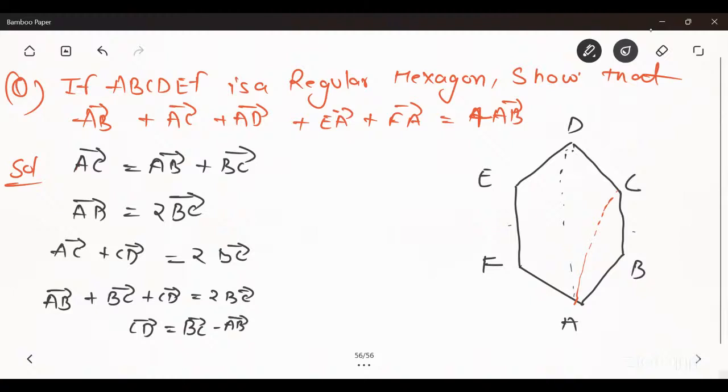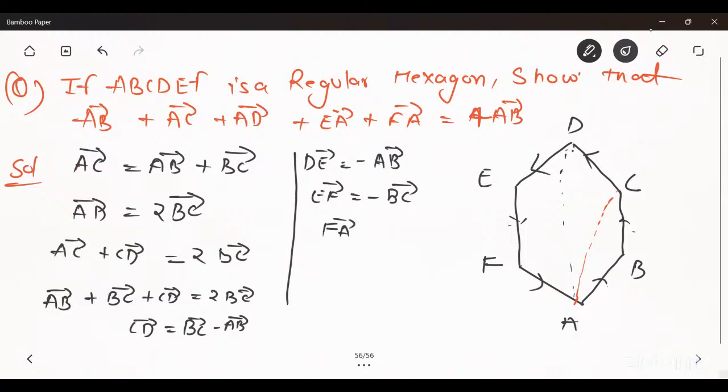Now DE vector is negative of AB vector. Means if you go in this side, DE vector is negative of AB vector, and similarly EF vector is negative of BC vector, and FA vector is negative of CD vector.